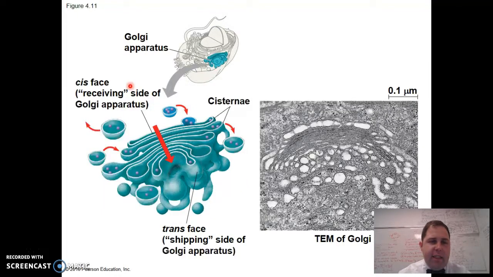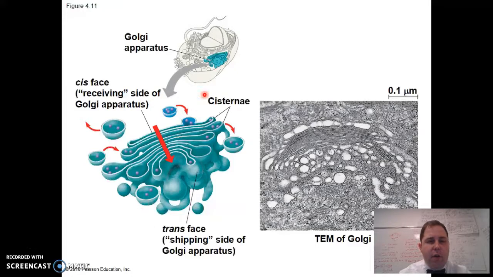Now you can see the cis face, the receiving side of the Golgi, receives that vesicle. Proteins are then processed through the Golgi in various steps, and they are released from the trans face in another vesicle. So you can imagine this as a protein coming in, it gets processed, and then released on the other side.